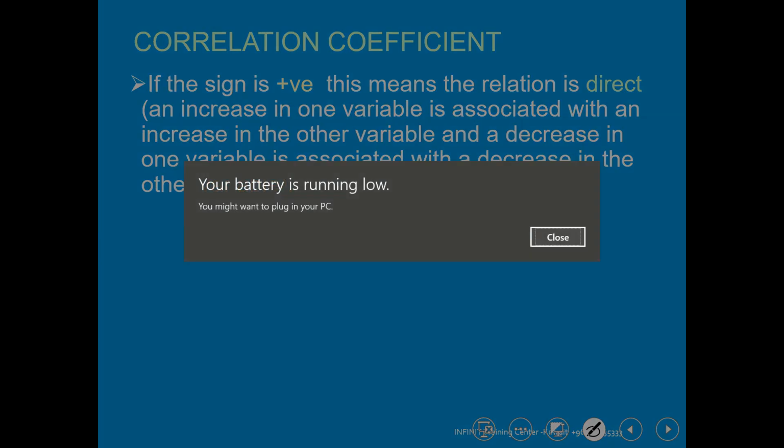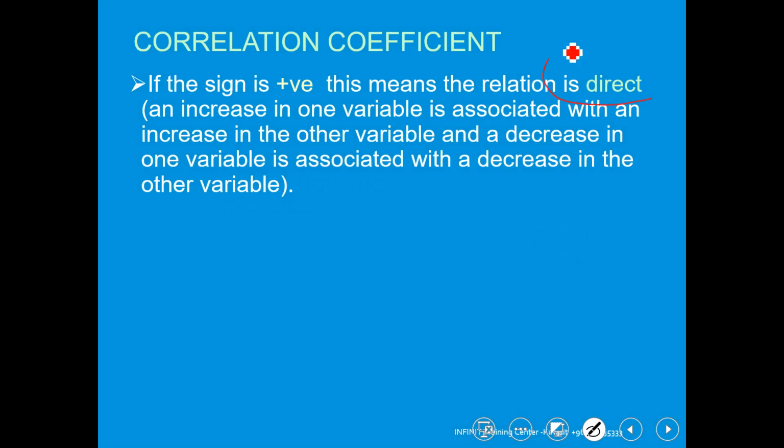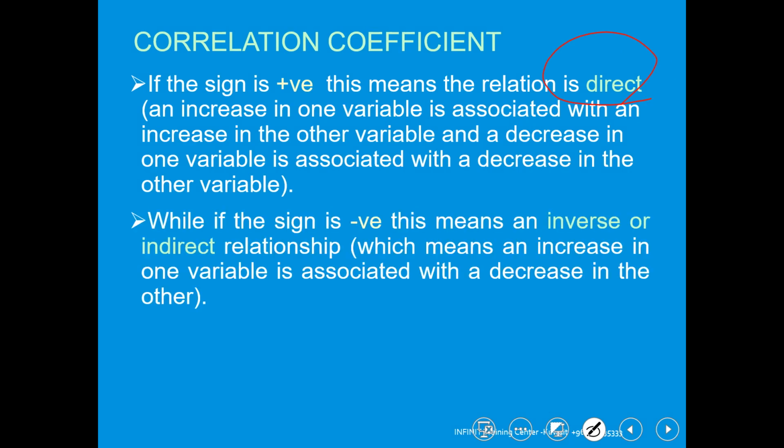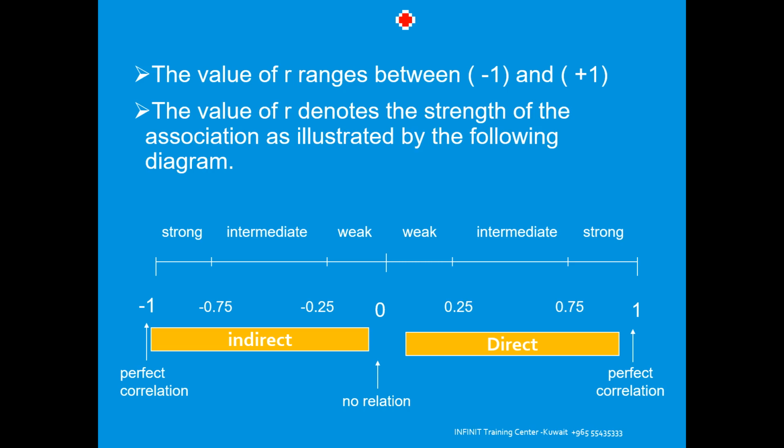So a positive sign means a direct relationship, and a negative sign means an indirect or negative relationship. So this is discussing the value of R that is ranging between -1 and +1. This we already discussed.